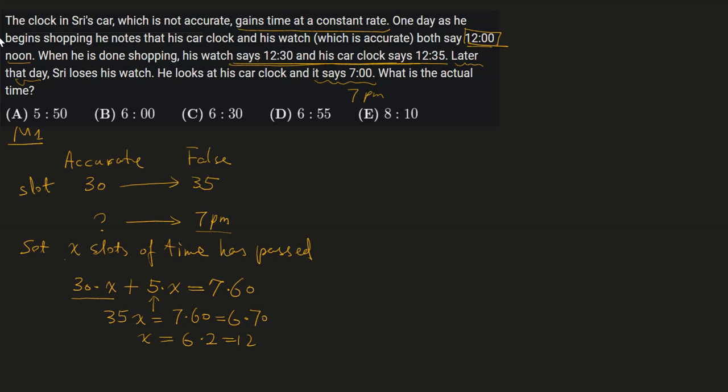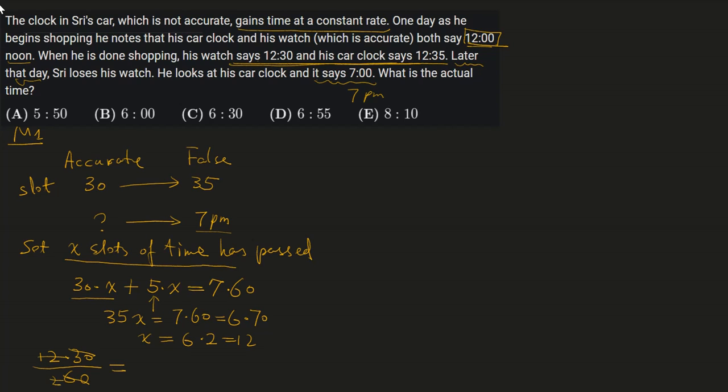Therefore, we know that 12 slots of time have passed in the accurate time system. Then that is 12 times 30 minutes. Then we divide that by 60 minutes so that we get the number of hours. 30 cancels 60, we get 2.